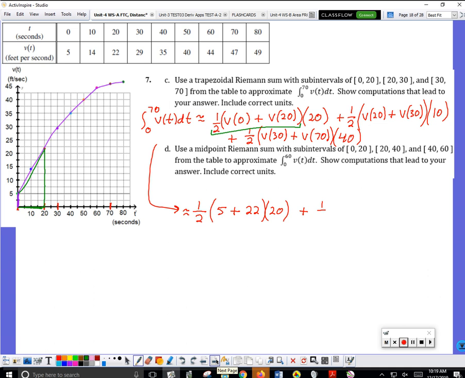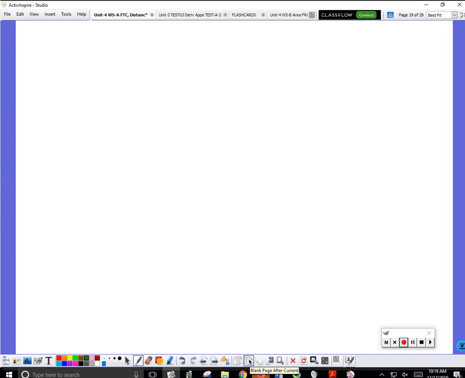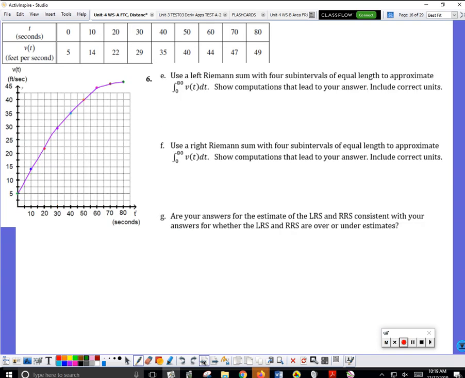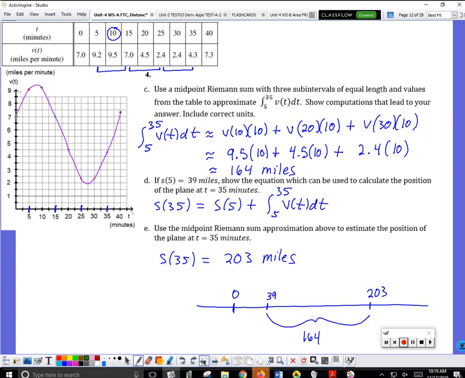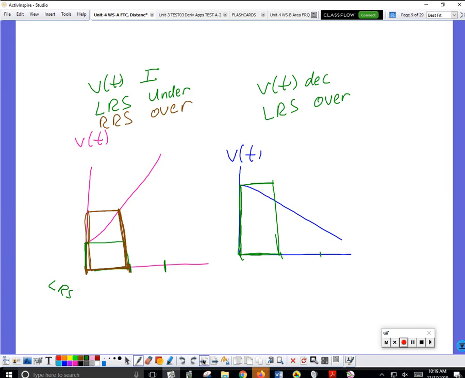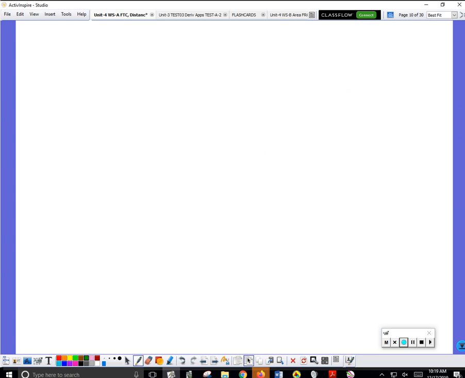So earlier today we talked about this idea. Elena asked a really good question. We said if the function is increasing and we compute a left Riemann sum, we can graphically see that our Riemann sum is going to be an underestimate. If we're doing a trapezoidal, it deals with the concavity.